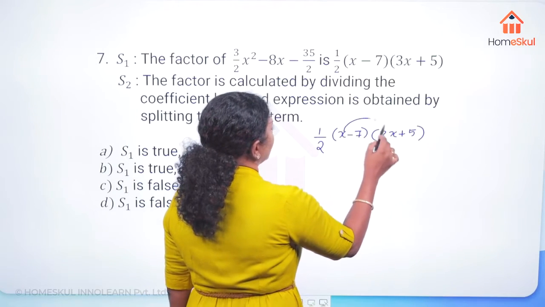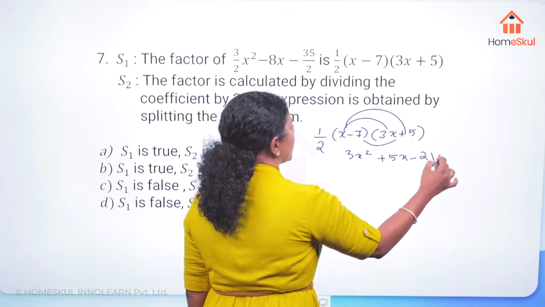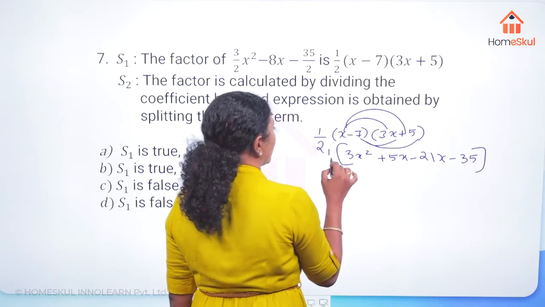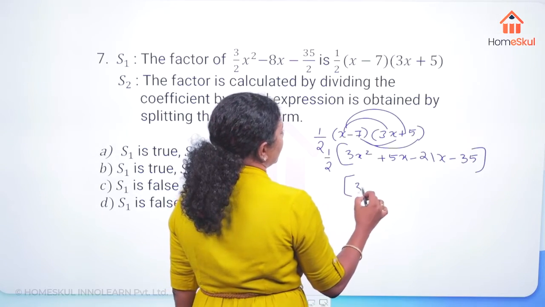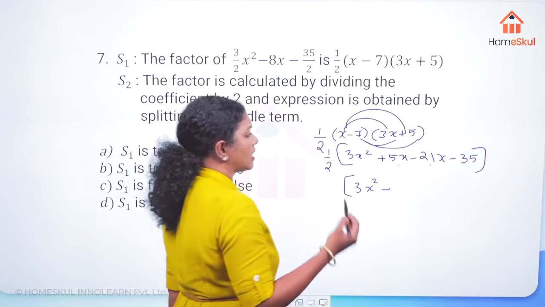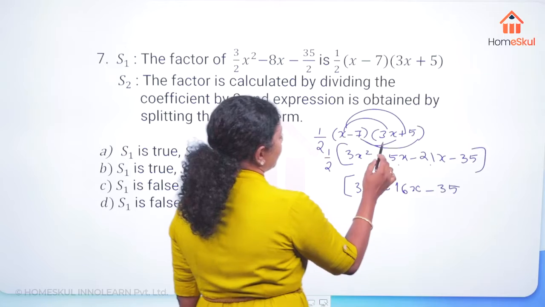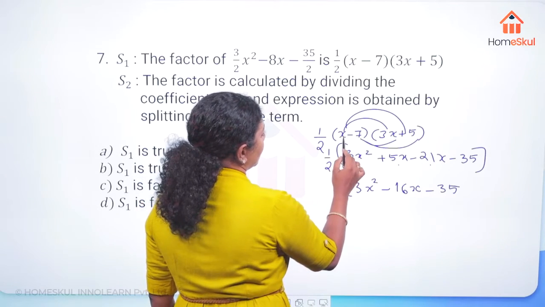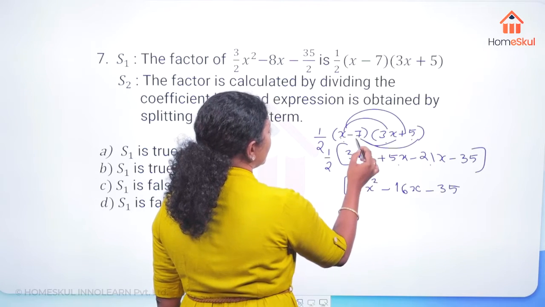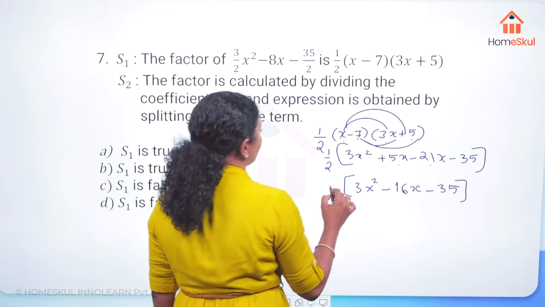What will happen? 3x square plus 5x minus 21x minus 35, with 1 by 2 outside the bracket. Now 5x minus 21x is minus 16x, so 3x square minus 16x minus 35, divided by 2.